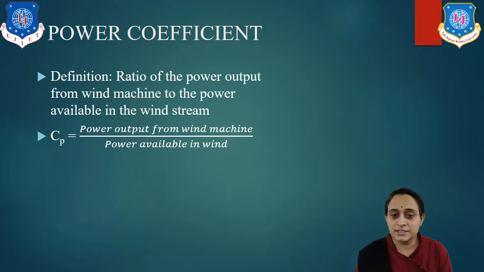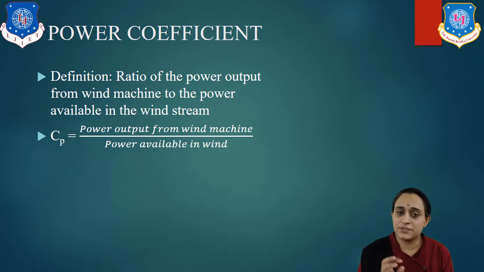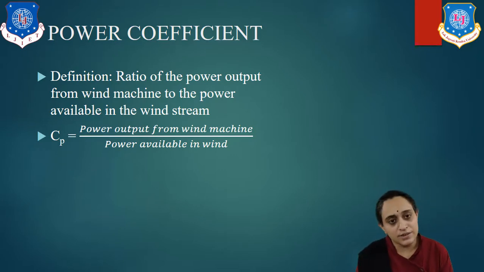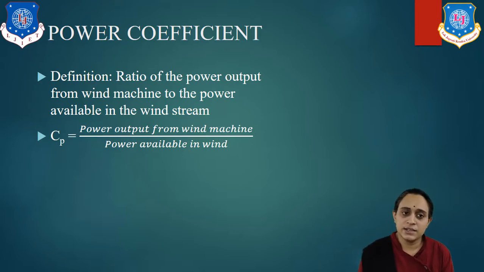The maximum theoretical power coefficient has a value of 0.593. So this is the power coefficient: power output divided by power available. Now let us understand some more.